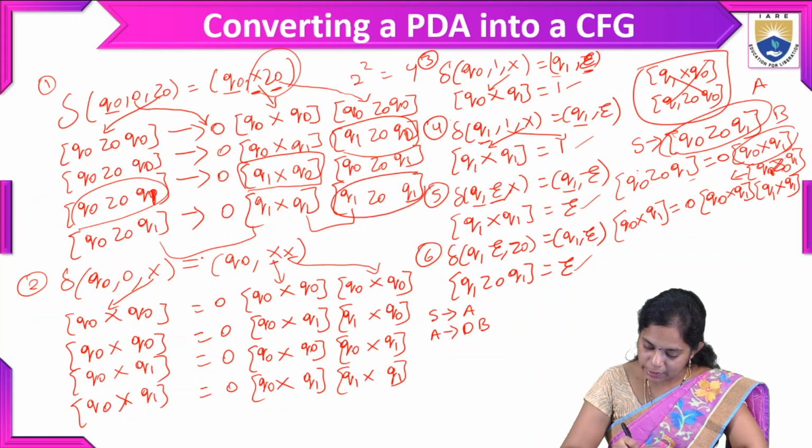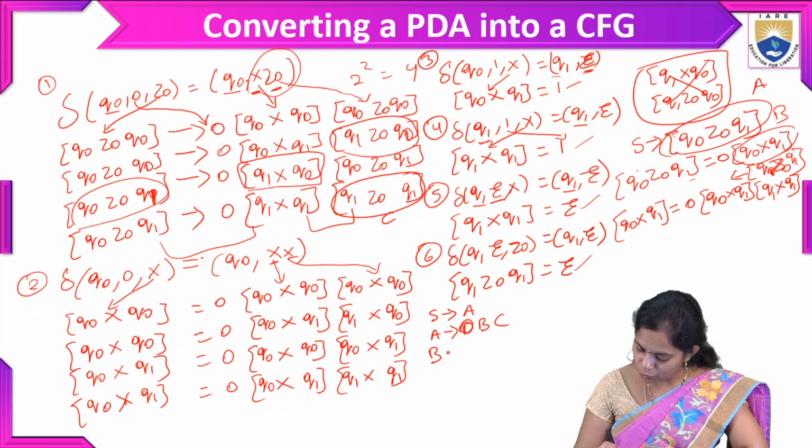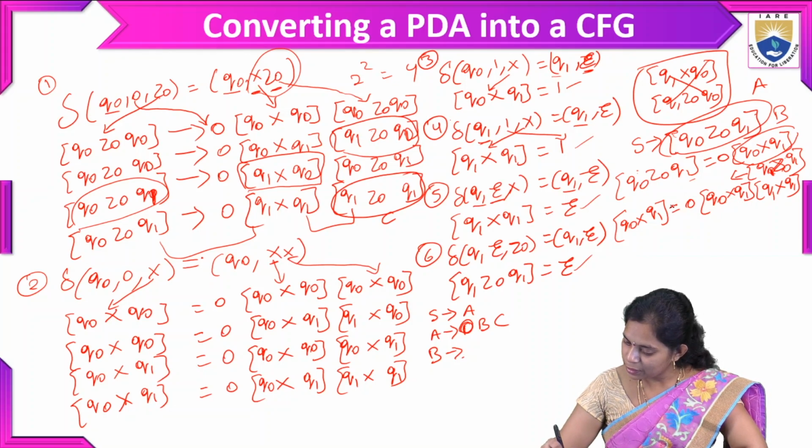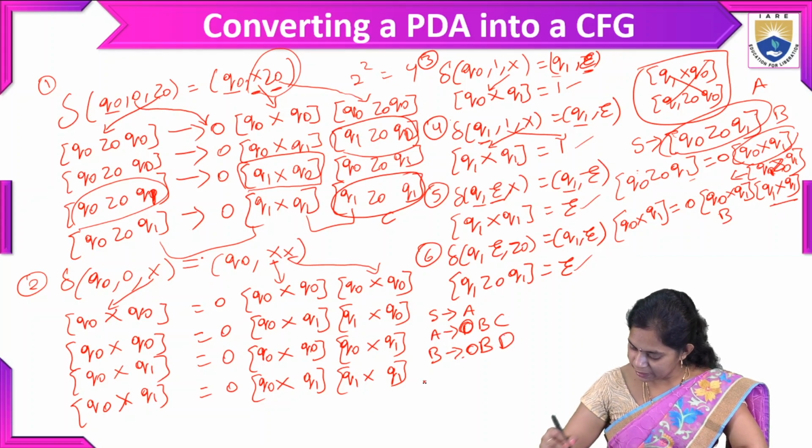So this one is named as C. So while writing as C, this is the input value and C. And B tends to, it is a combination of 0 X Q1. So what does this X Q1 represent? B. So 0 B, and this is the D value.